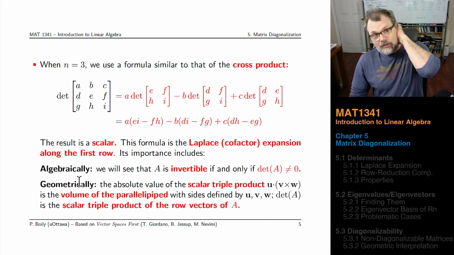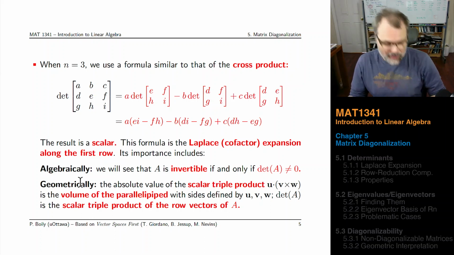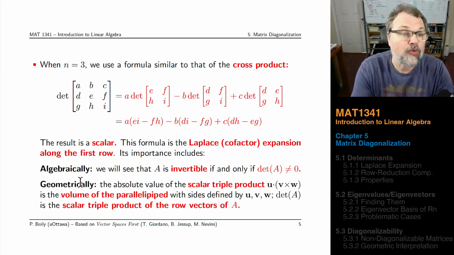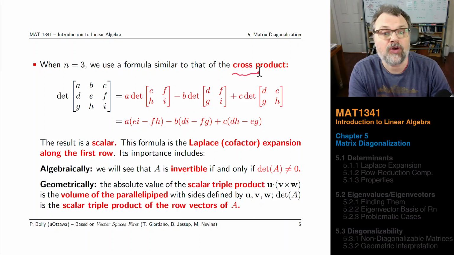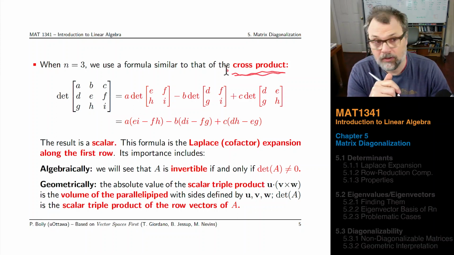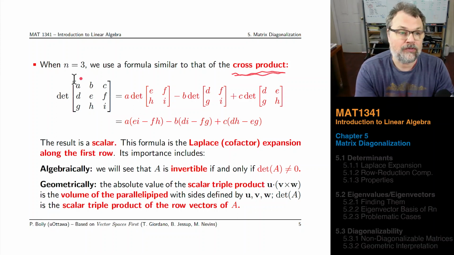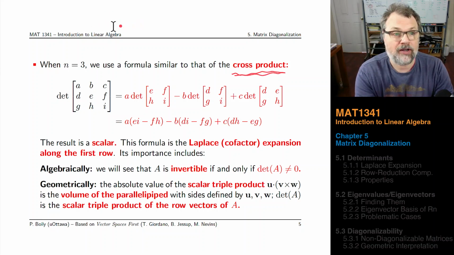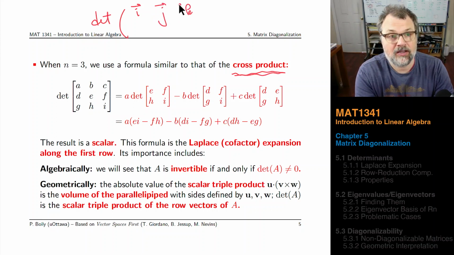When n is equal to 3, you use a formula that is very similar to that of the cross product. In fact, if you remember when I introduced the cross product of 2 vectors in 3D, I put them in sort of a form, and there was a determinant there, right? The determinant of i, j, k, then a1, a2, a3, and b1, b2, b3.